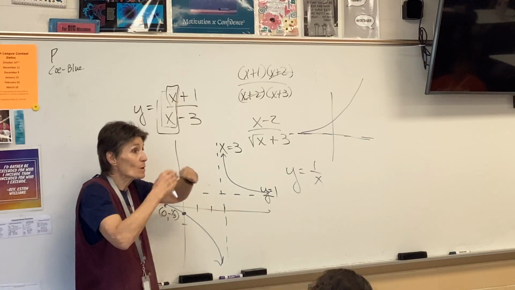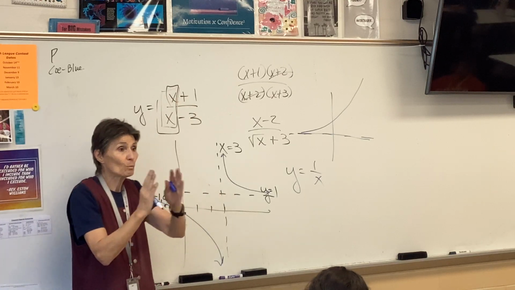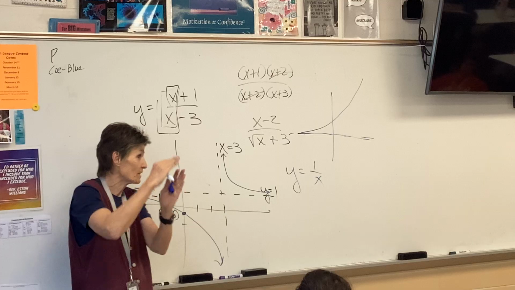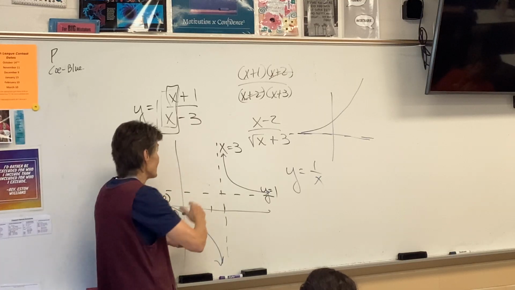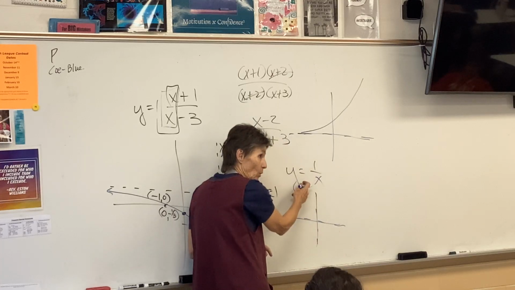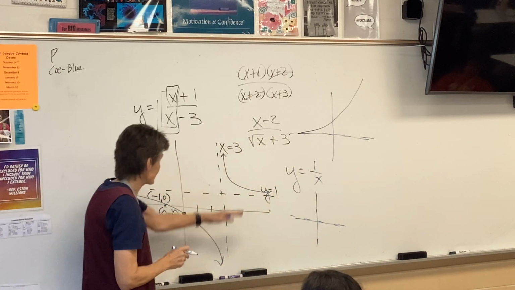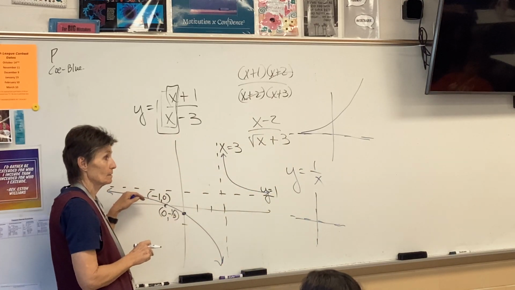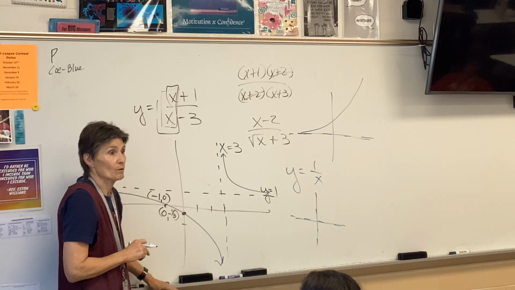It's got numbers stuck into it, and we know that those numbers just move things around. So instead of your asymptotes being where they were in the old days, now your asymptotes have moved because of the numbers that are in the top.